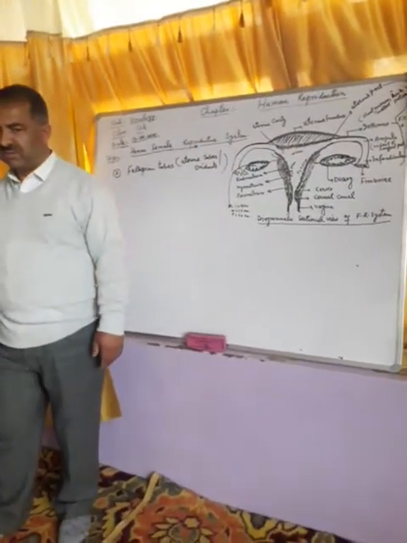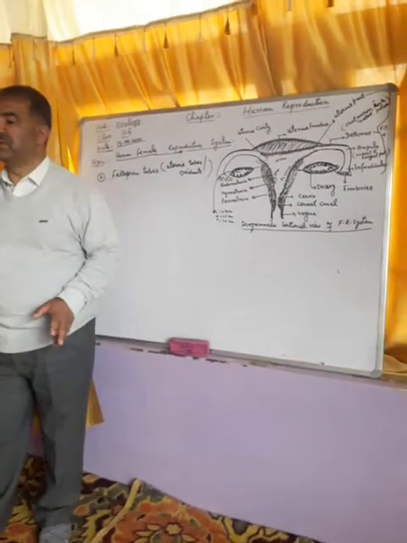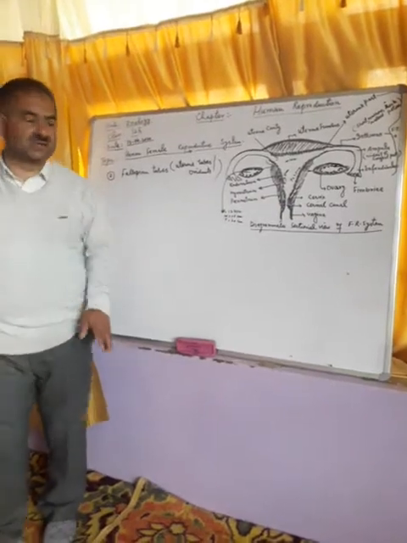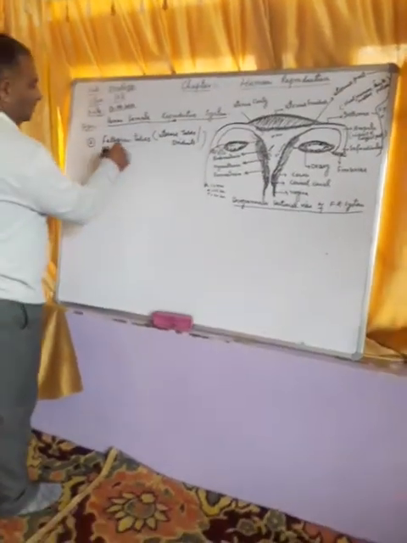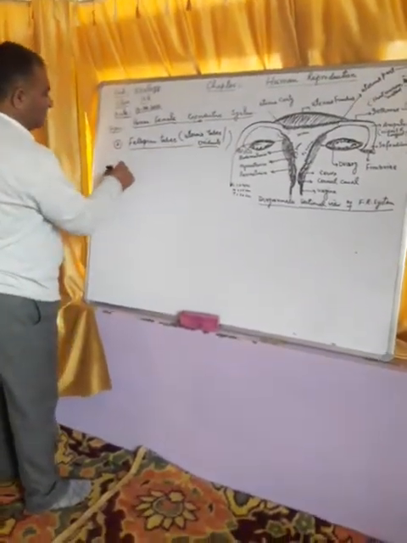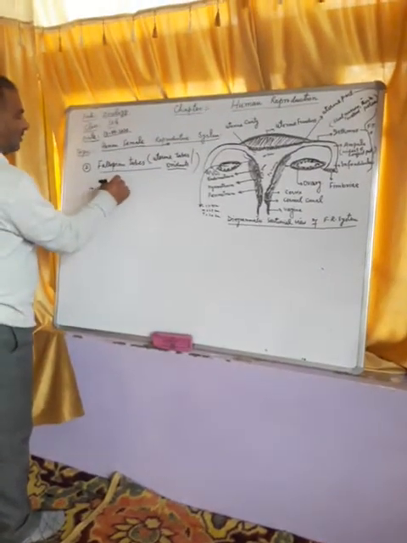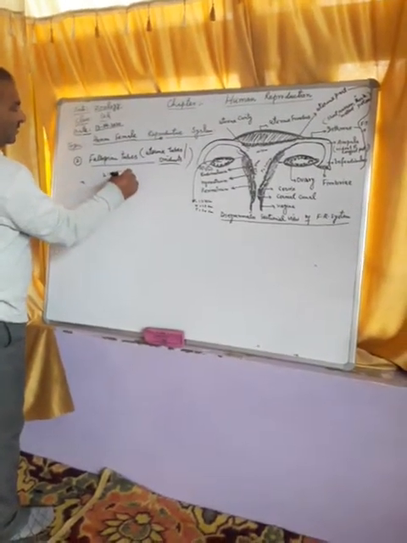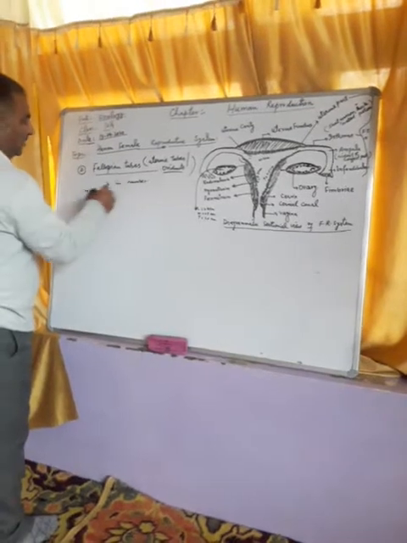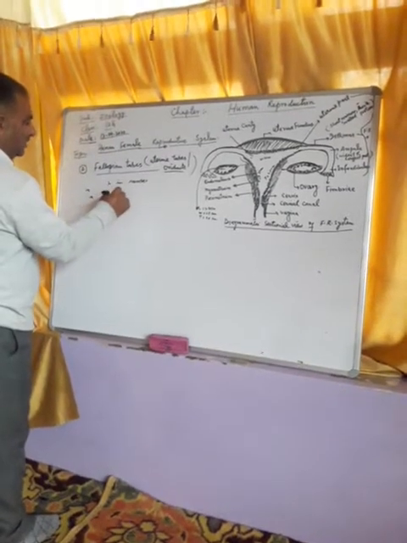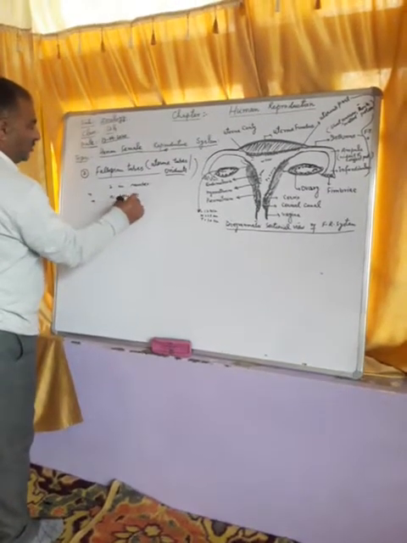Fallopian tubes, or uterine tubes, or oviducts, are again two in number, or we can say a pair of fallopian tubes are there.